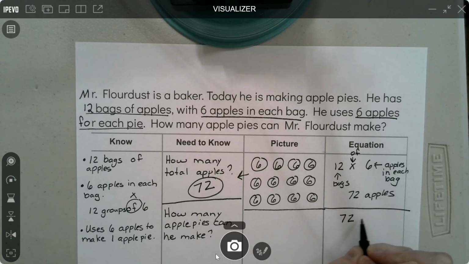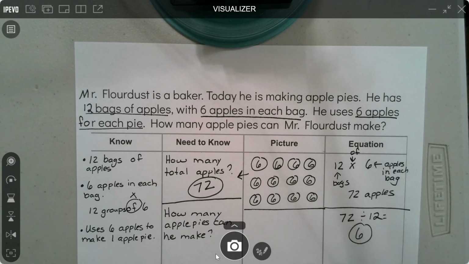So 72 divided by 12. Now, this is a basic division fact, and you're going to laugh when you see what the answer is. 72 divided by 12 is 6. It was answered up here, but 6. He can make 6 apple pies.